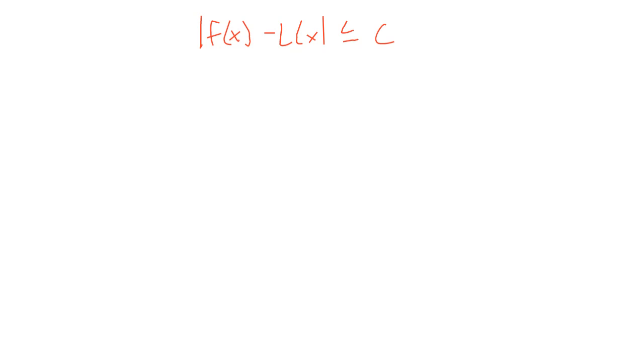So let's say we want to limit our accuracy to be within, we're going to let c be 0.25. So first thing we can do is say that our f of x, which was e to the x minus 1, minus our linearization, which is just x, has to be within 0.25.